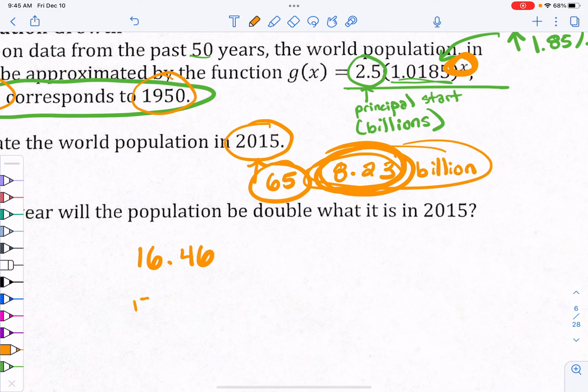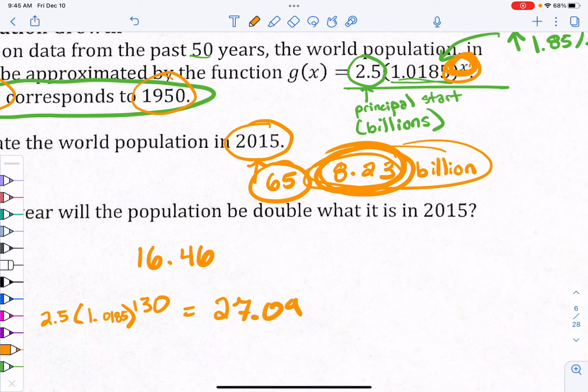Let's go to 130. If I plug 130 in for x here, this would be like 2.5 times 1.0185 to the 130 power. I'm gonna see what it ends up being. It's probably gonna be way off. Okay, so this one is 27.09. So we way overshot this. Okay, so I'm gonna go back and let's try 100.